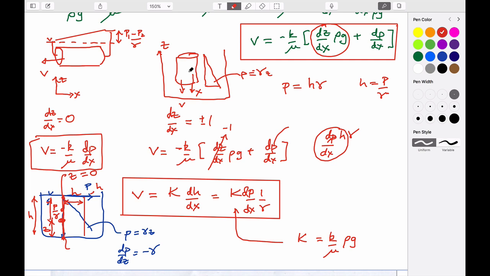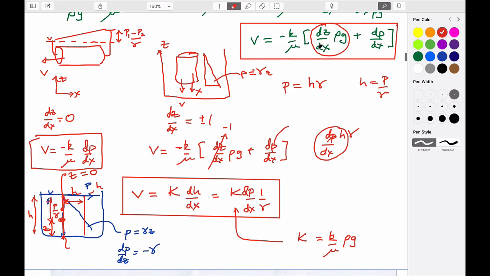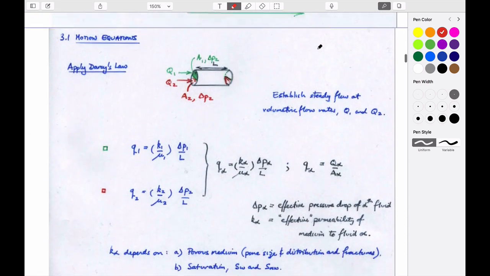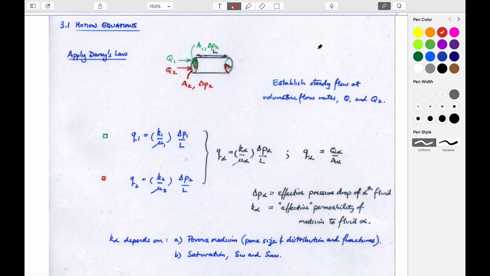But if you are looking at non-horizontal flows, then you have to incorporate the true value of this body force term. So maybe we'll summarize that at the end. So that's one of the issues we have to deal with. What is this difference between head, and what is this difference between pressure, and how do they relate to each other? And so that's the first part, hopefully, that we understand a little bit about.